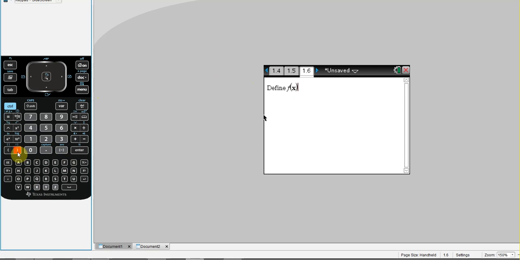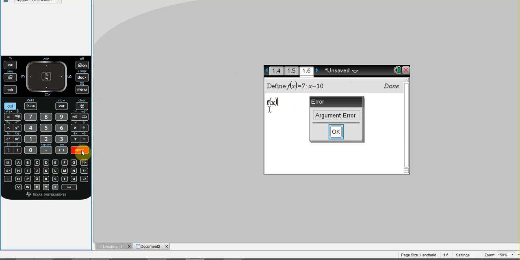And we want f of x to equal 7x minus 10. We press enter and it says done. That means this has been saved into the memory of our calculator.